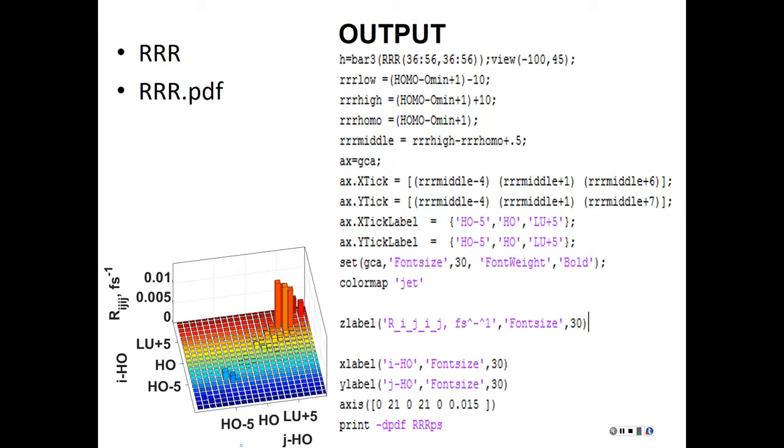Daniel has a question. I'm sorry, I still don't understand what I see whenever I see those types of diagrams. What is it telling us exactly? Here we can see the states, 10 states below HOMO and 10 states above, the LUMO.